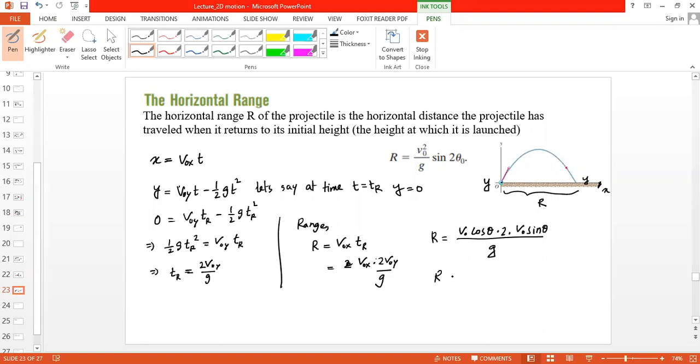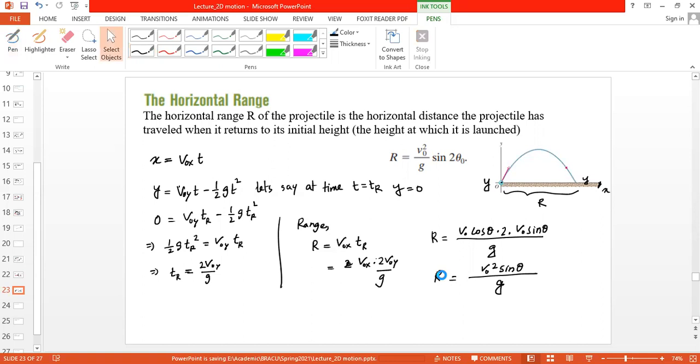So basically R equals 2 v naught square sine theta cos theta, which means sine 2 theta, so we can write R equal to v naught square sine 2 theta divided by g. So this is the expression for the range.